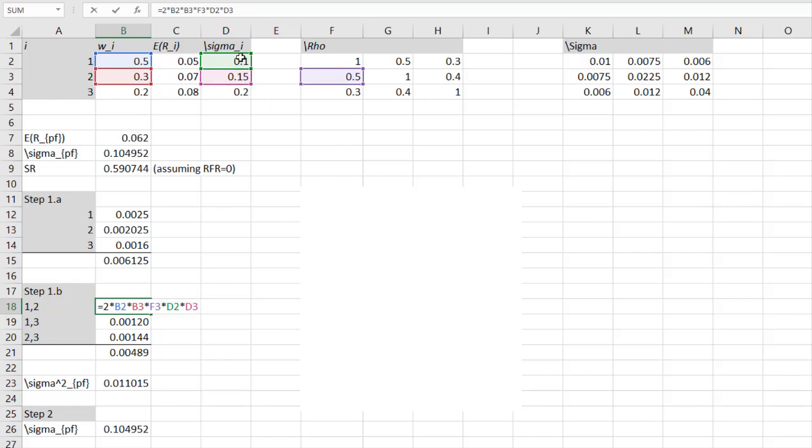Here you can see the sigmas, the constituents' volatilities. And we must write 2 times. We do the same for the combination 1, 3 and for the combination 2, 3.